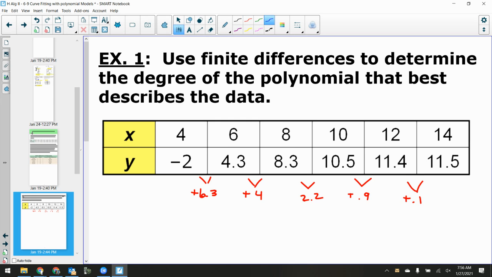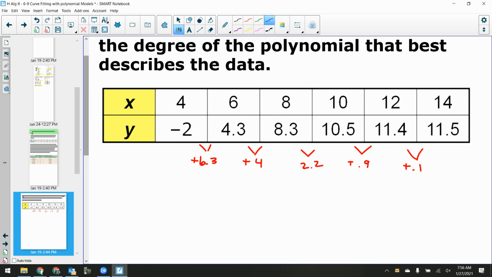For quadratic, I would look at the second set of differences. Going from 6.3 down to 4, I'm going down 2.3. Going from 4 to 2.2, I'm going down 1.8. Going from 2.2 to 0.9, I'm going down 1.3.